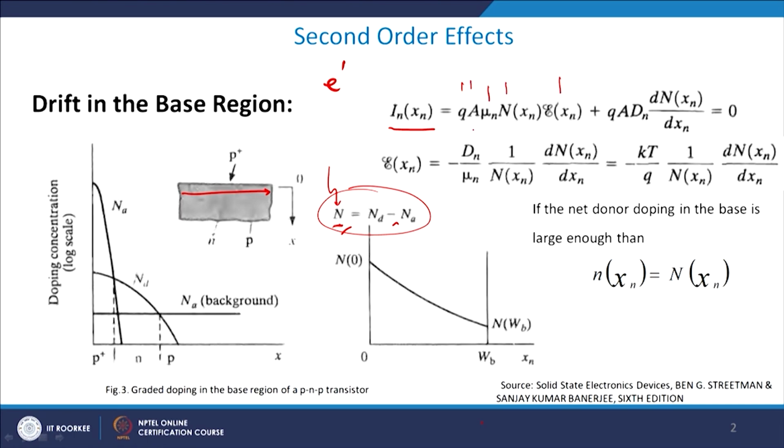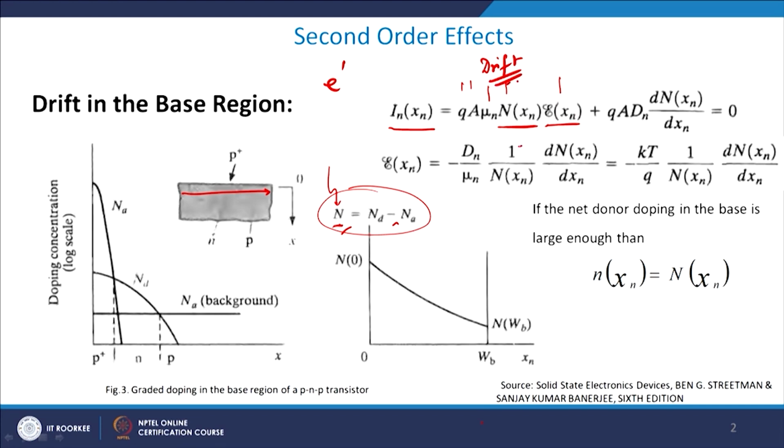I will explain what these terms are. n is the charge density or the dopant charge density, E is the electric field from the emitter to the base region at that particular point, q is the electronic charge, A is the cross-section area of the emitter or the base, and mu n is the mobility of the charge carriers. So this is basically a drift current.